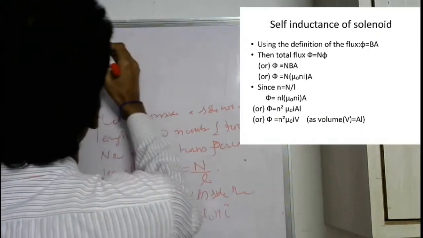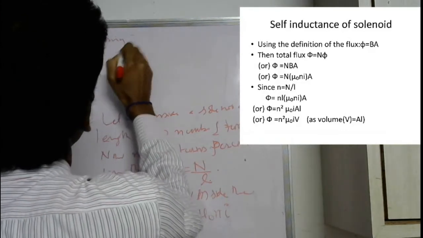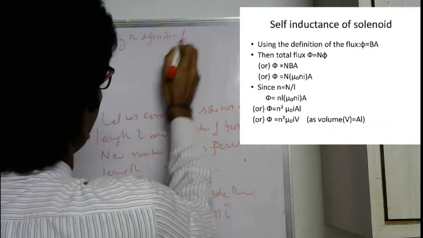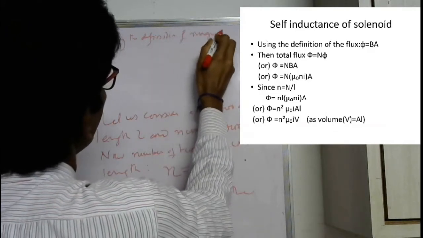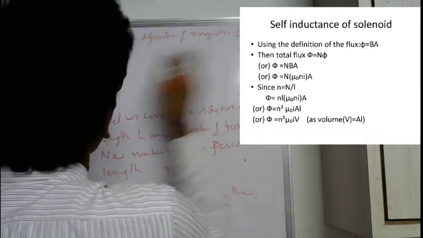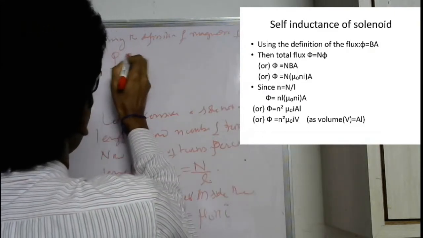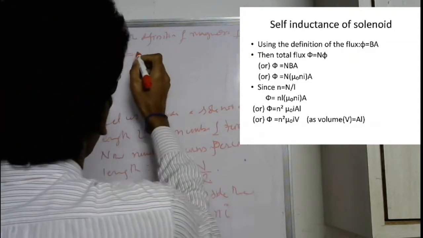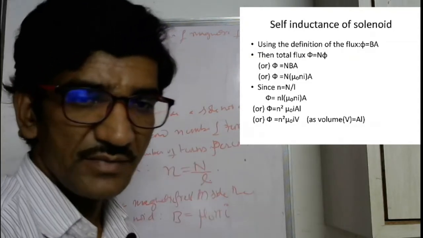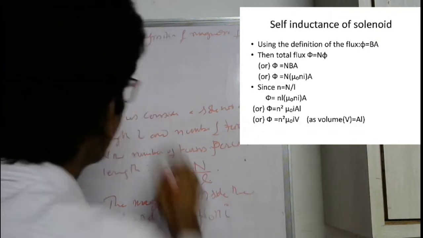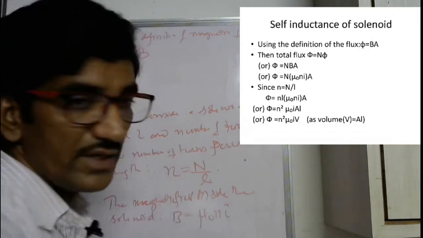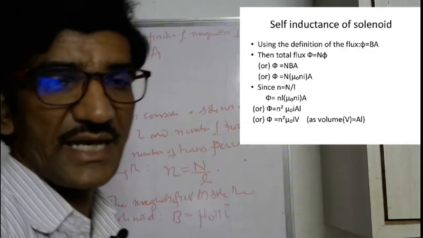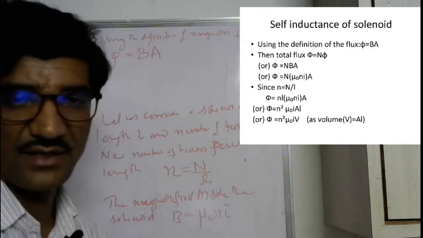Using the definition of magnetic flux, the flux phi is equal to the integral of B dS, which simply means B A. Let us suppose that A is the area of each coil.